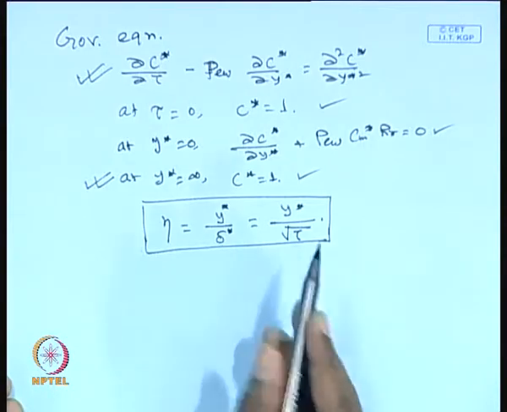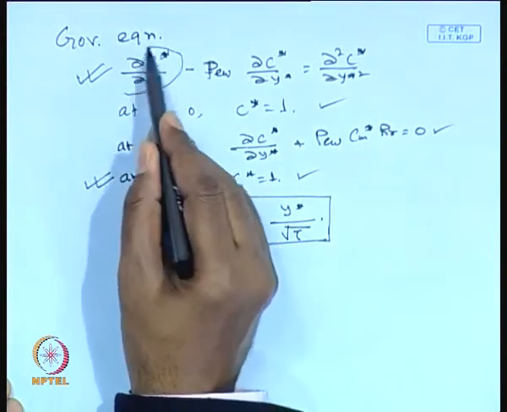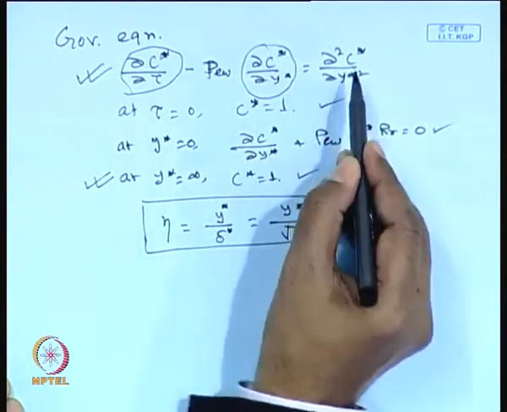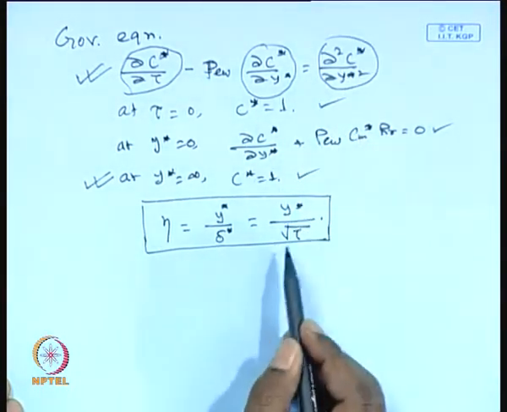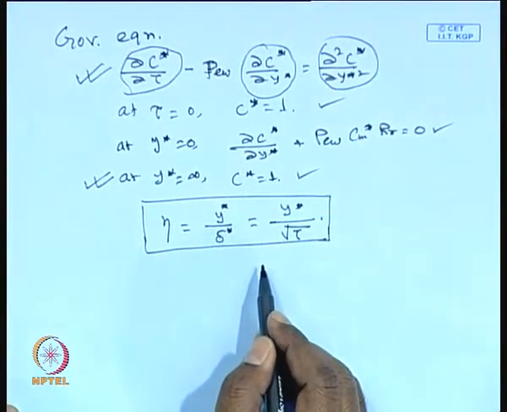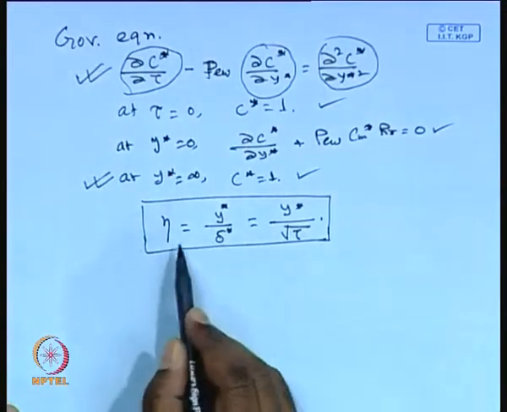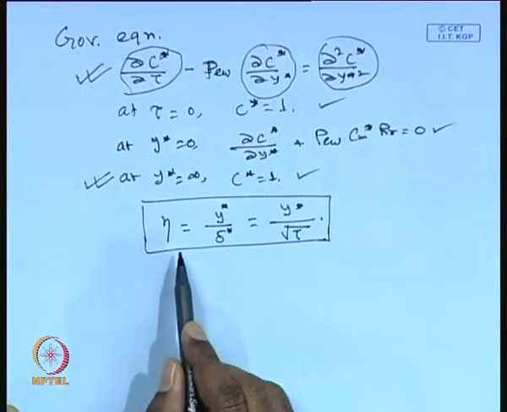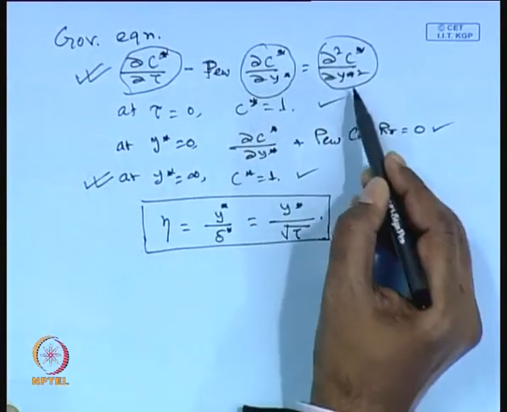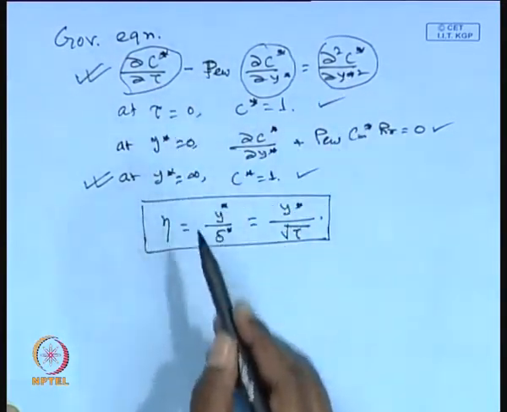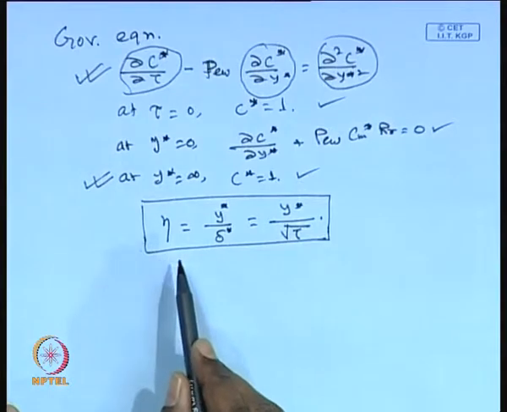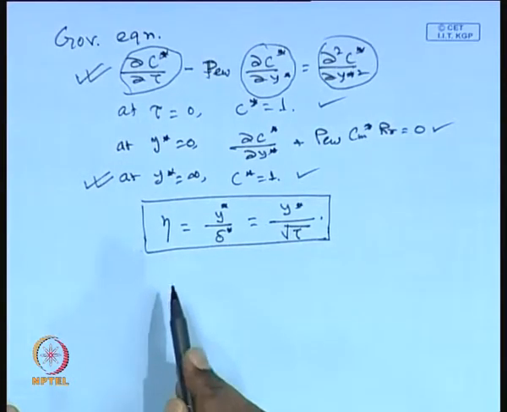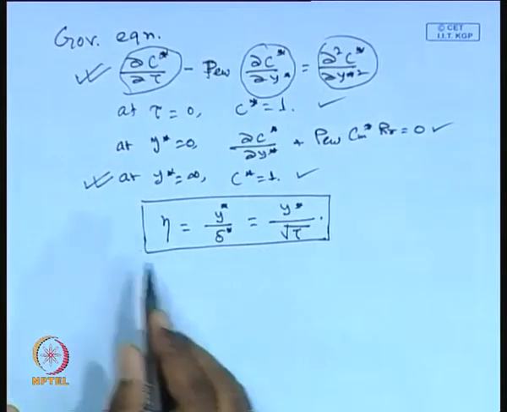What is left is basically to express the partial derivatives in the original coordinate system in terms of the similarity parameter or combined variable eta. So, instead of two independent variables y star and tau, you will have a single variable eta, and the resultant equation will boil down into an ordinary differential equation.